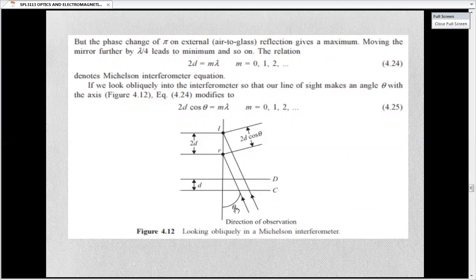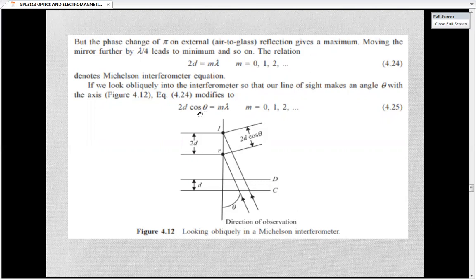The angle theta shows that, for example, if the difference is 89 and not 90, then theta becomes 1 degree, and therefore that angular difference is factored into the path difference 2d, so that we now have 2d cosine theta.